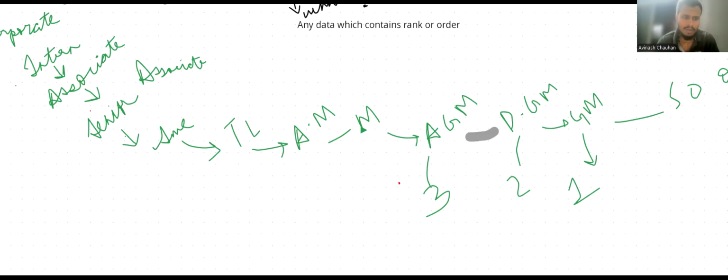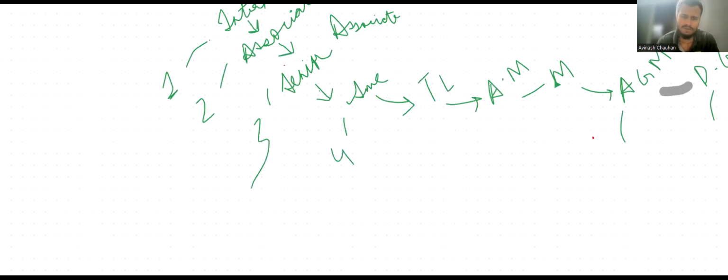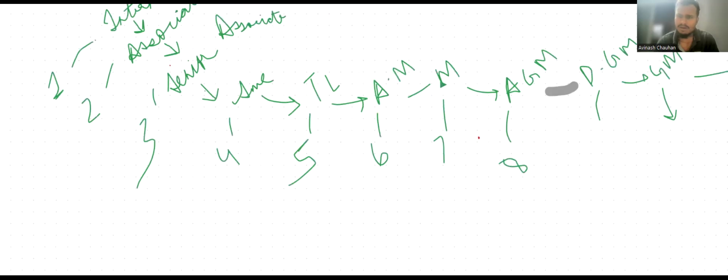Okay, sorry, my bad. We are going to assign levels from here. He is in the first level, he is in second, third, fourth, fifth, sixth, seventh, eighth, ninth, 10.